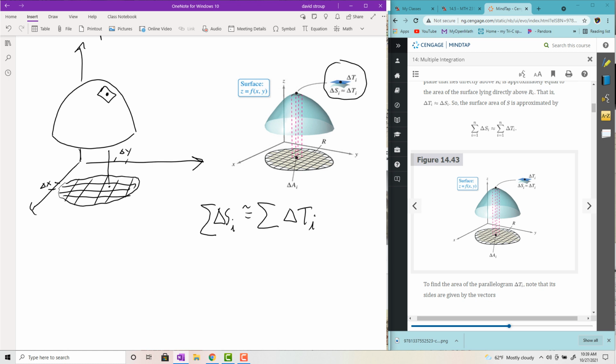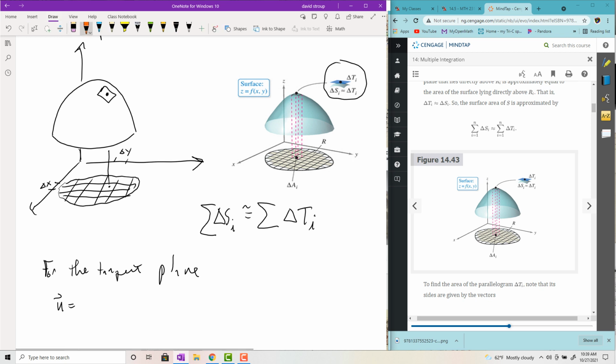For the tangent plane, we'll use two vectors. Vector u will be this x direction vector. Let me put it in red here. This part here would be u, and then we'll get a v for this part here. Technically it should be over the point, but let's just pretend it's there in the middle.